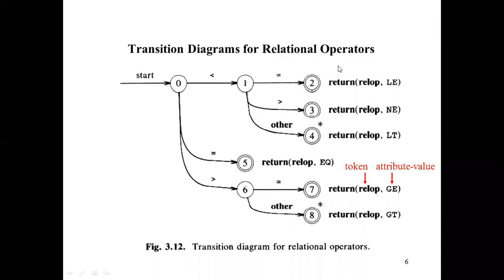You can choose a part for a particular relational operator, or if anybody says draw the transition diagram for all relational operators, then you have to draw the complete diagram. So in this way, you can draw easily.